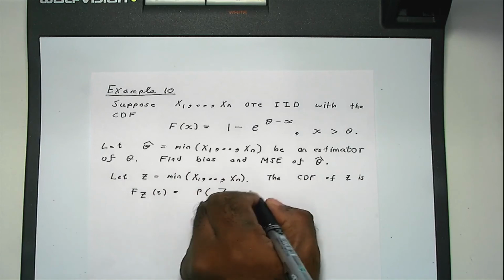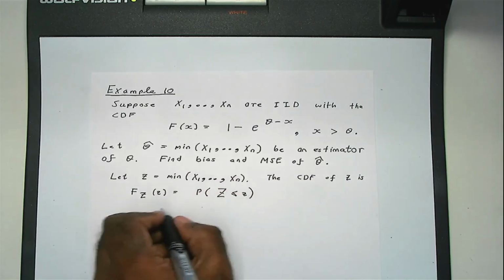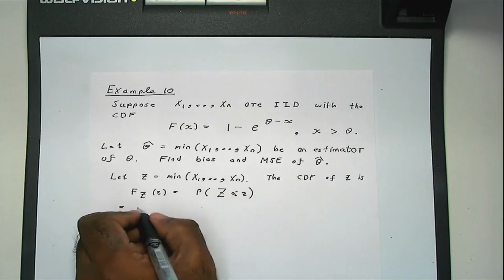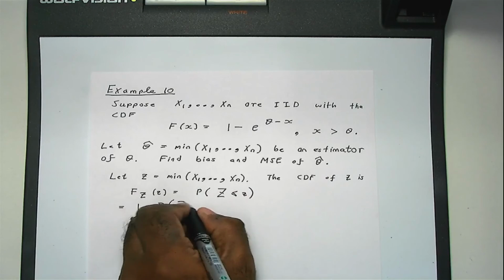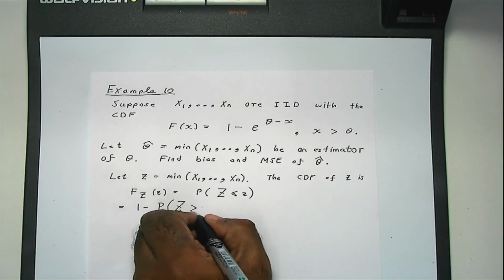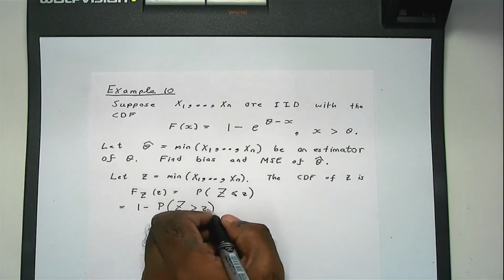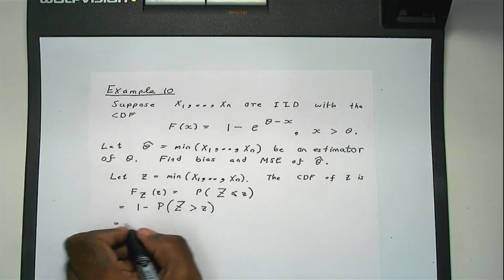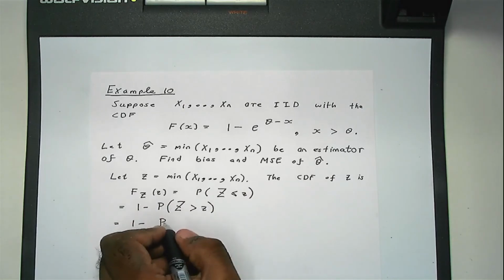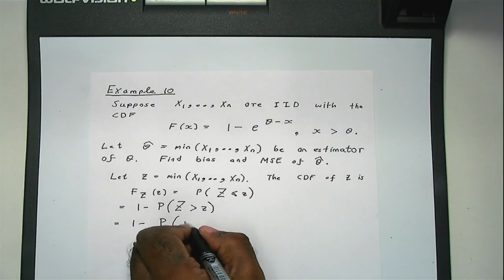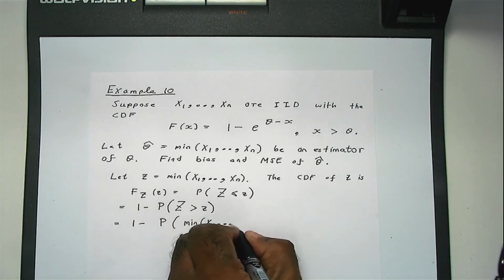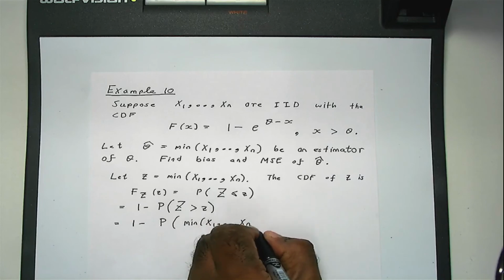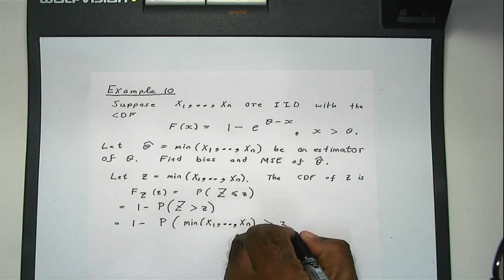I'm going to write this as 1 minus the probability that capital Z is greater than little z. And this is 1 minus the probability that the minimum is greater than little z, yeah?